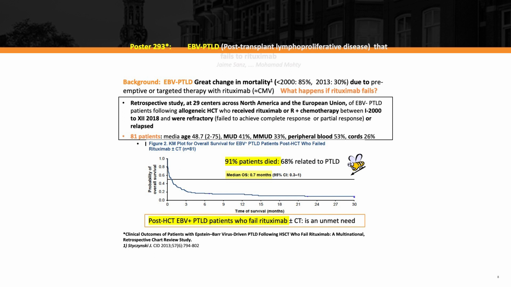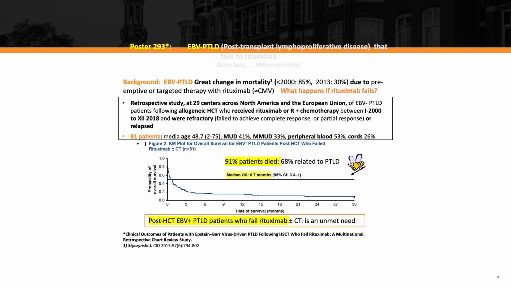So let's start. The slide is a little bad on the screen. Let us start with this poster: EBV post-transplant lymphoproliferative disease that fails rituximab. This is an interesting study.